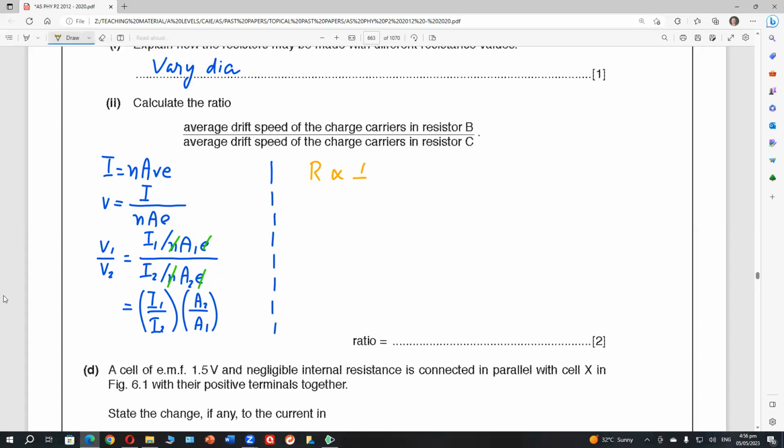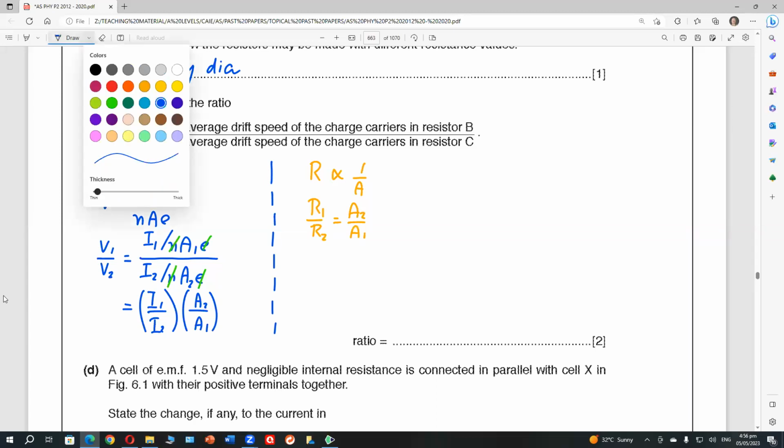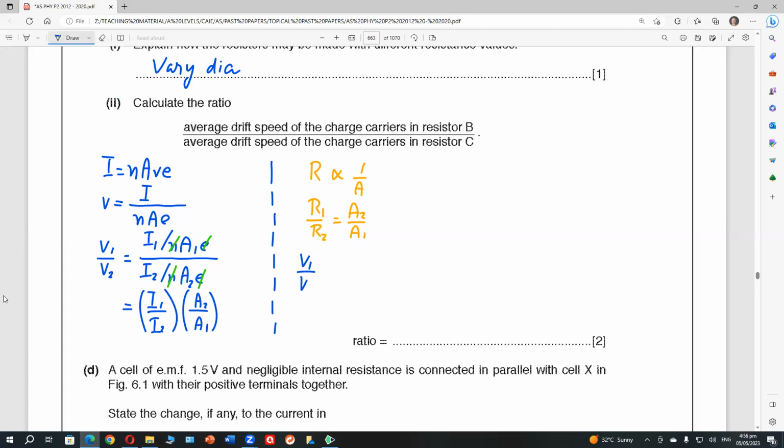Our course says resistance is inversely proportional to area. So R1 upon R2 is equal to A2 upon A1. So I'm trying to use this, and I have updated the formula.